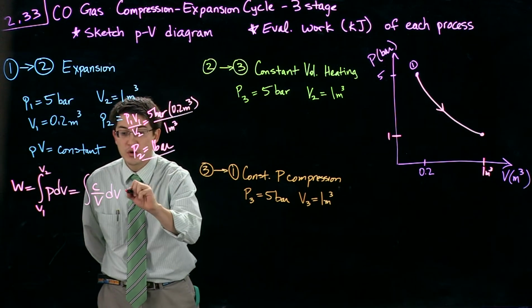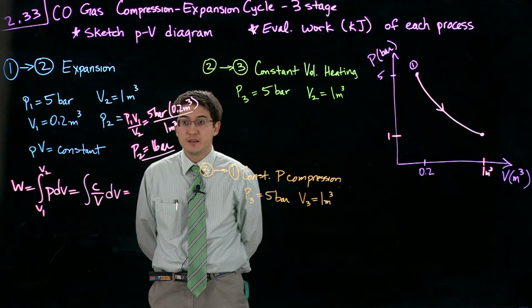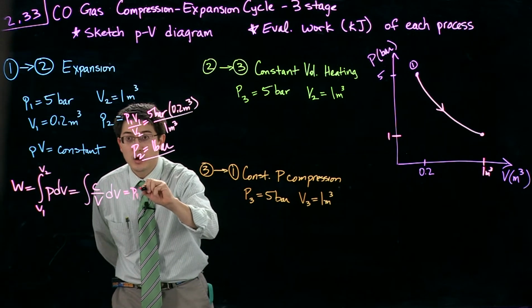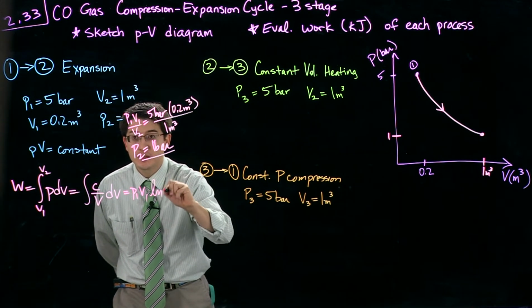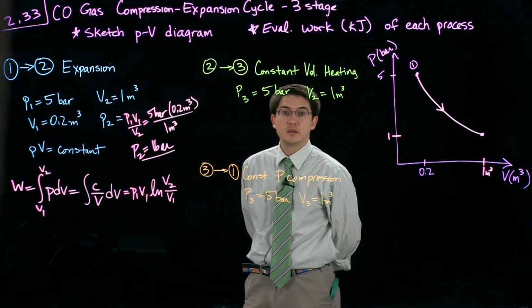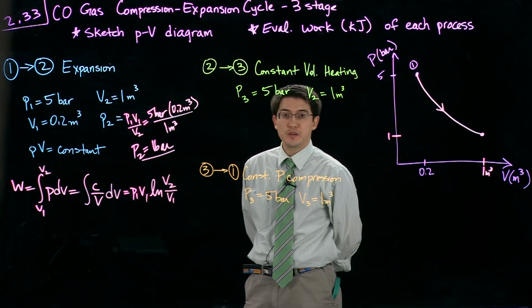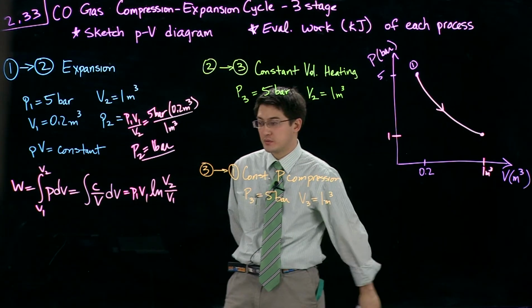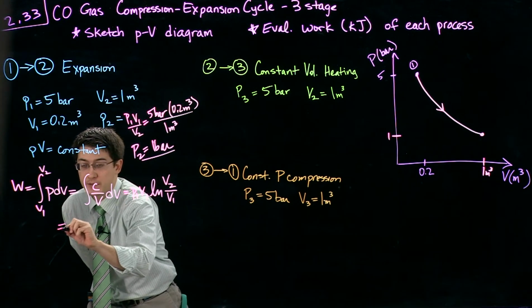We know from the lecture content that I went over yesterday that this is going to be P1 V1 natural log V2 over V1. We know P1, V1, V2, and V1, so we can plug in these values. Let's go ahead and do that.